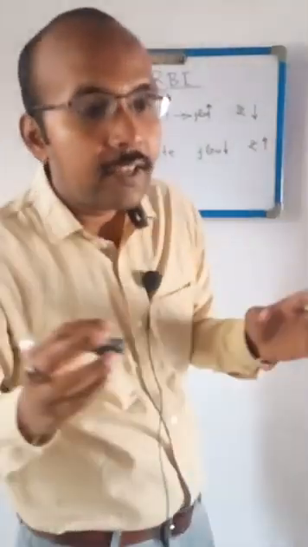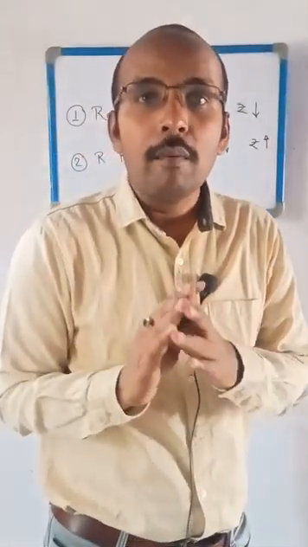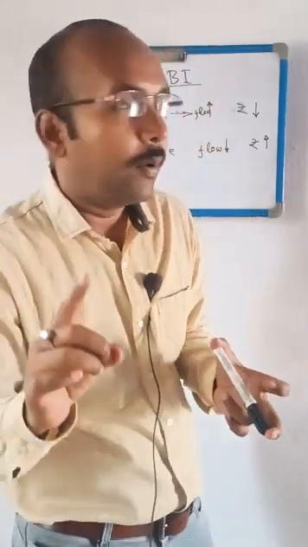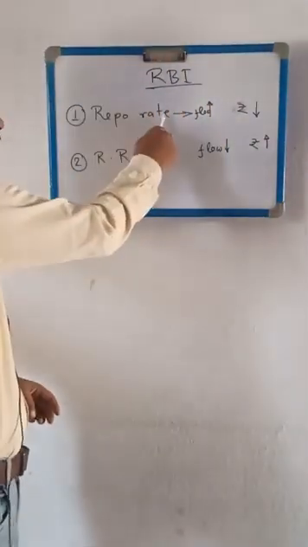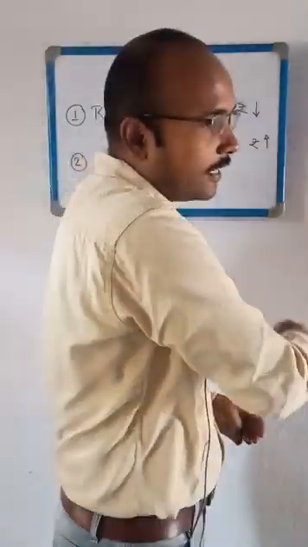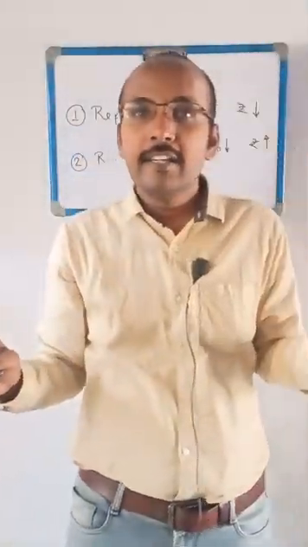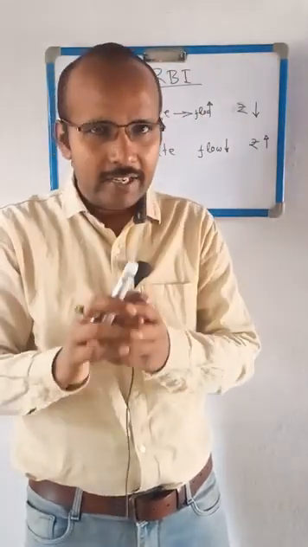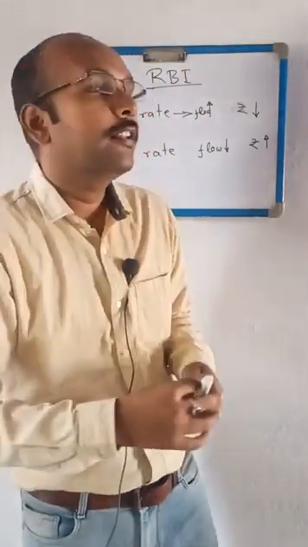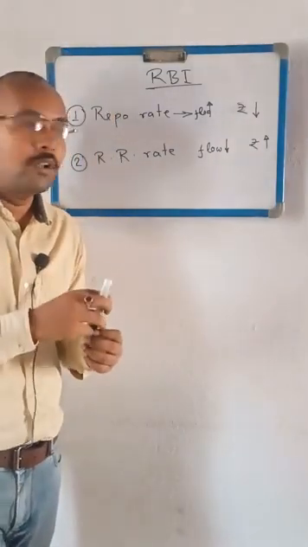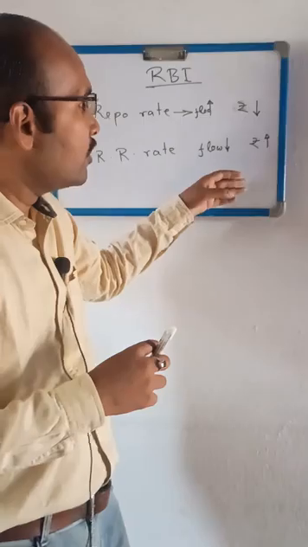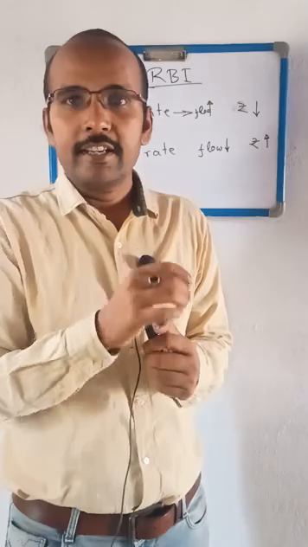So that is the basic fundamental of RBI. Number one, when the repo rate increases, the flow of money increases, and when the flow of money increases, the value decreases. While when the reverse repo increases, the flow of money decreases and the value of the rupee increases.